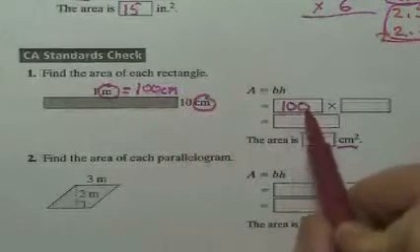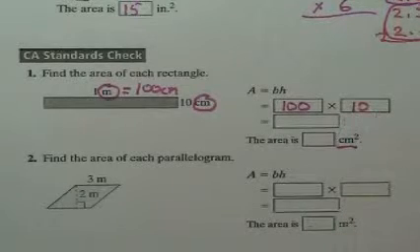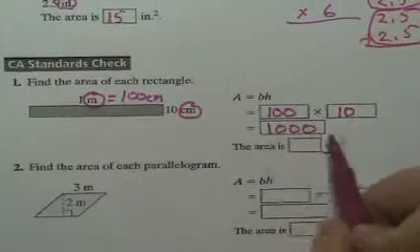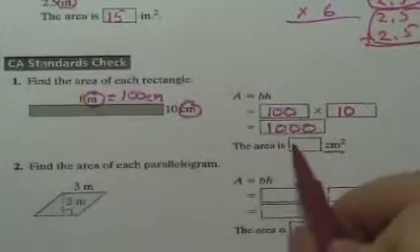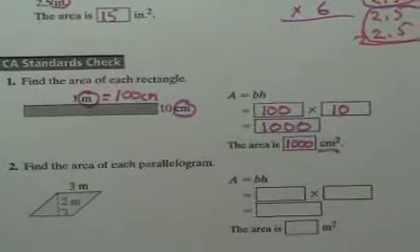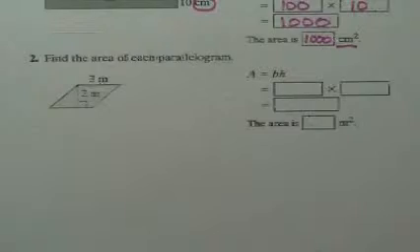So we have the base is 100 centimeters, and the height is 10 centimeters. Well, 100 times 10, that is just add another 0. That's 1,000. So the area is 1,000 square centimeters, or centimeters squared.